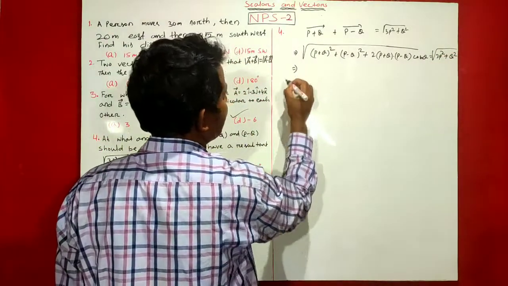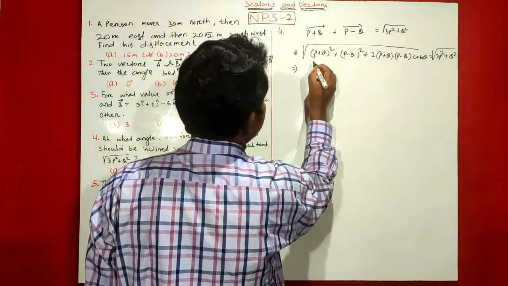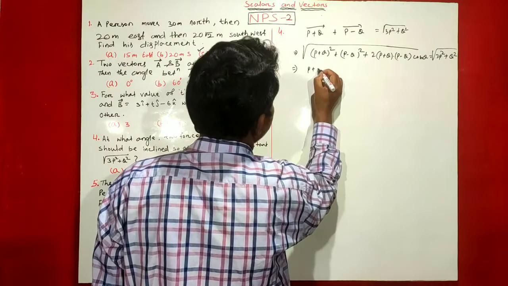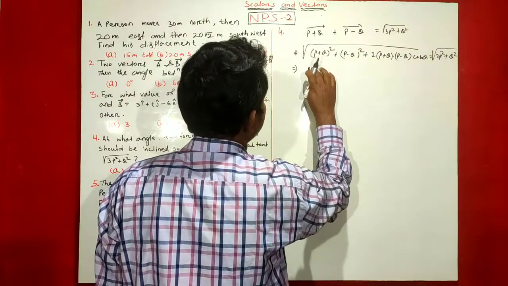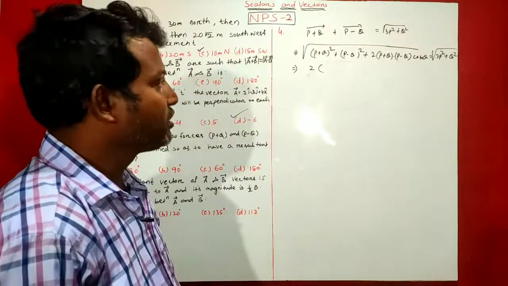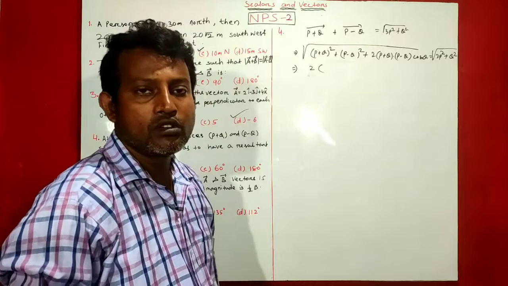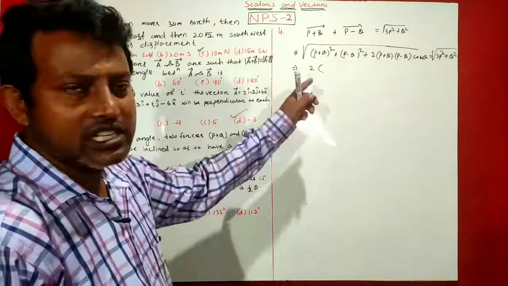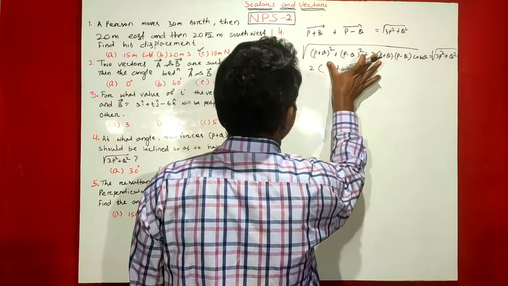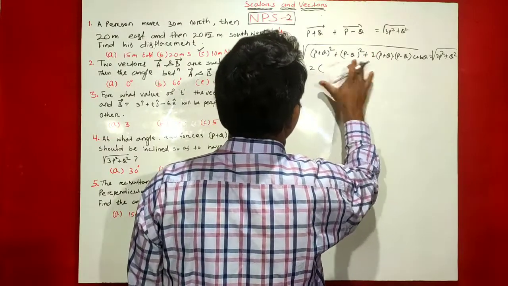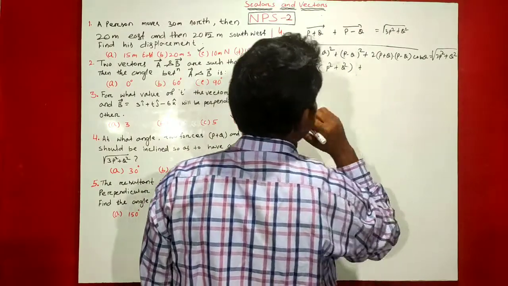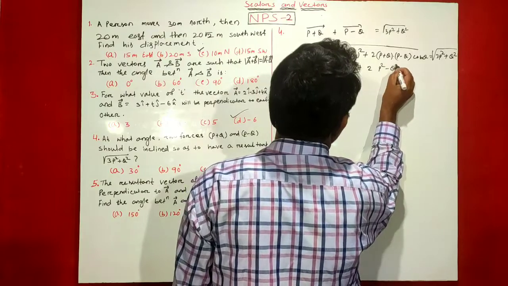By squaring both sides, we get P plus Q whole square plus P minus Q whole square. Using the formula A plus B whole square plus A minus B whole square is 2 into A square plus B square, so we get 2 into P square plus Q square plus 2 into P square minus Q square cos theta.